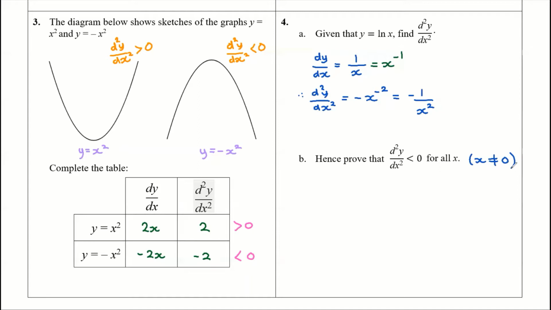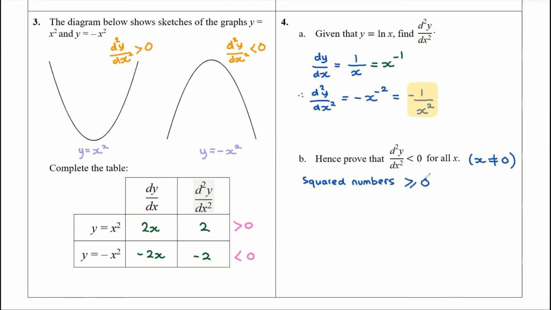Well, if we look at the derivative that we've got, this is a standard proof, really. You've probably done things much more complicated than this. And the key for positivity is, of course, that x squared, or any squared number, is always positive. So squared numbers are always greater than or equal to 0.